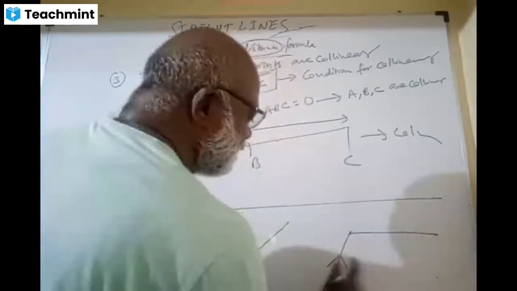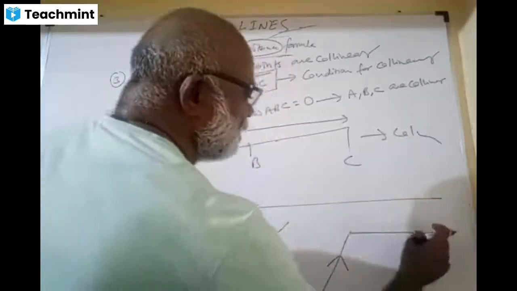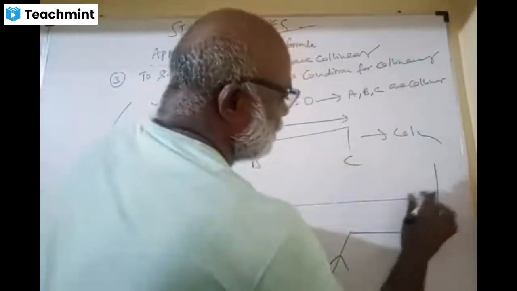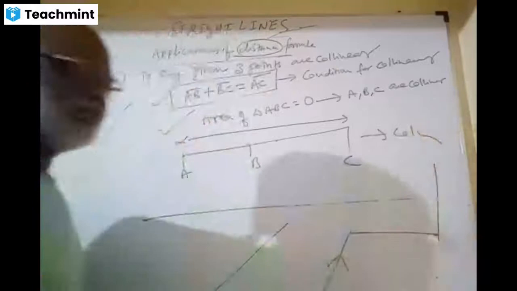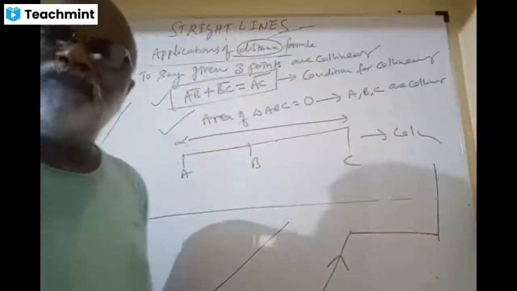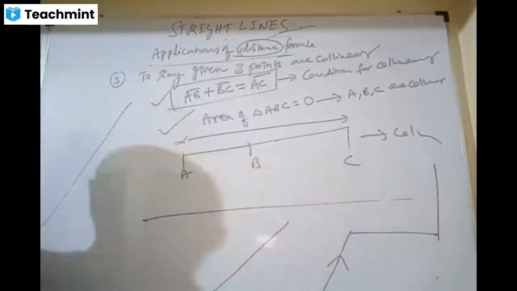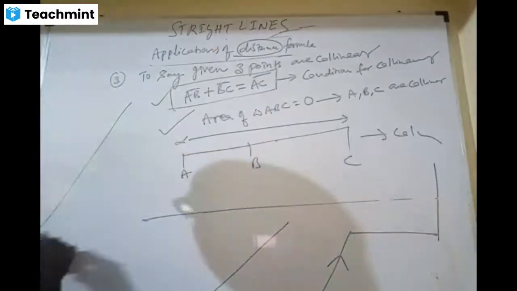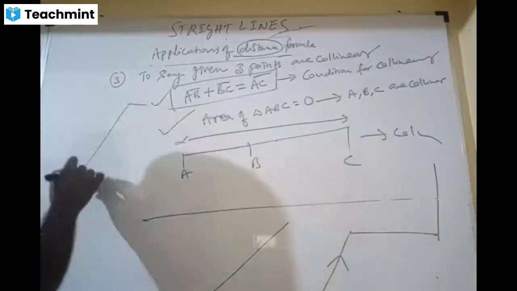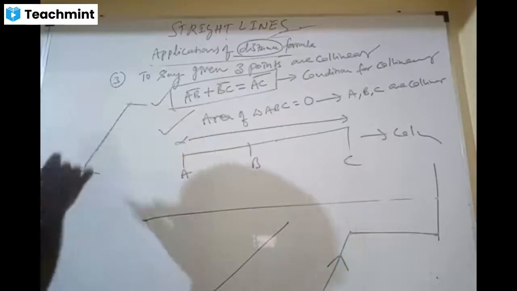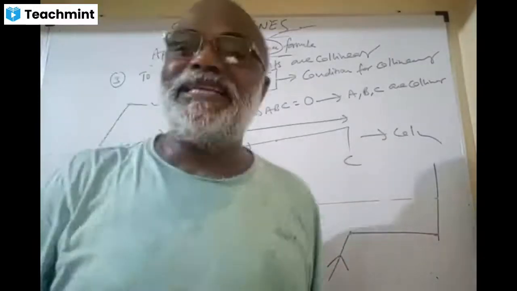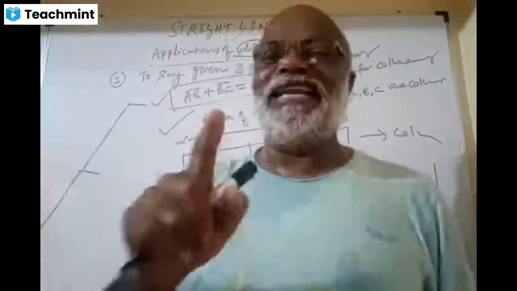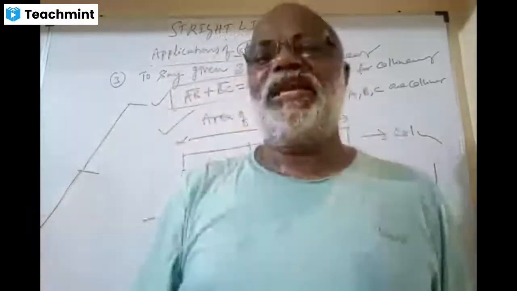You will have a different slope here. From here to here one slope, from here to here zero slope, again from here to here like this. So different slopes are there. But if the line is a single line, it has the same slope throughout. The slope of this portion, the slope of this portion, that we are going to study in the 11th standard.